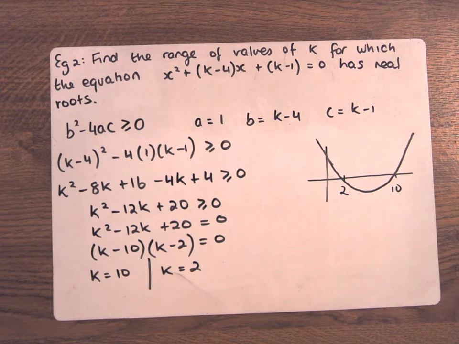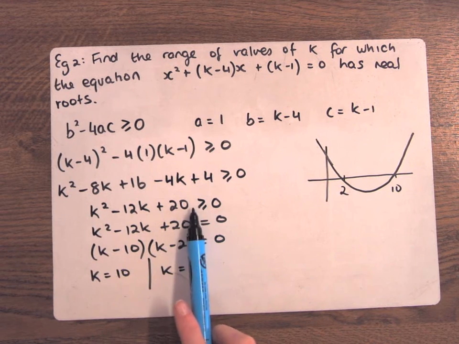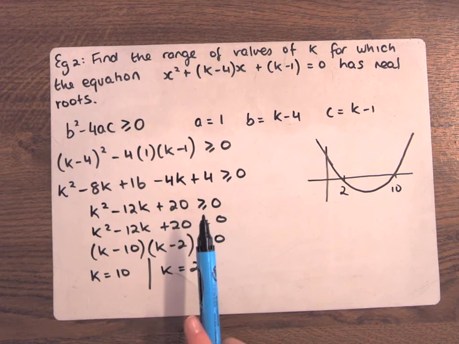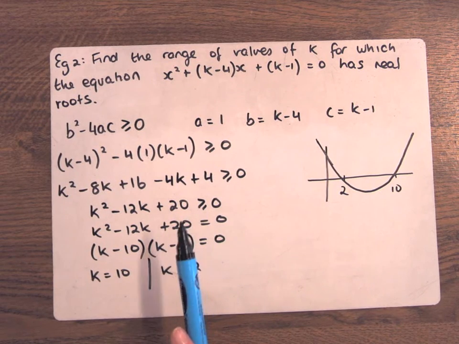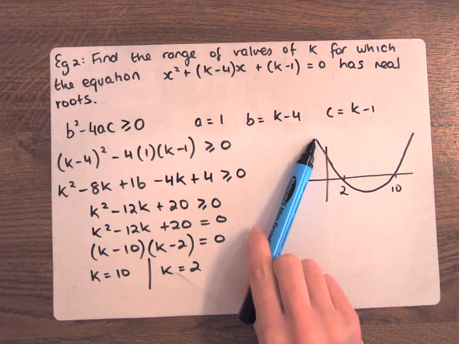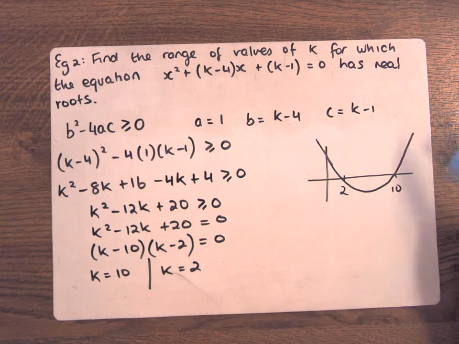Now, the next thing I have to look at is my quadratic is greater than or equal to 0. We know greater than or equal to 0 means above the x-axis. What is it here? Above, above, above, then below, below, below, then above, above, above.